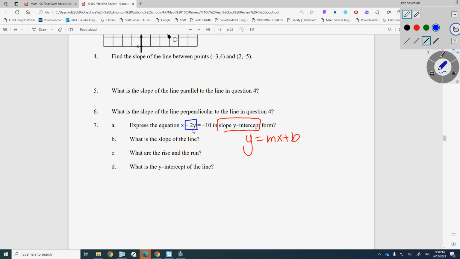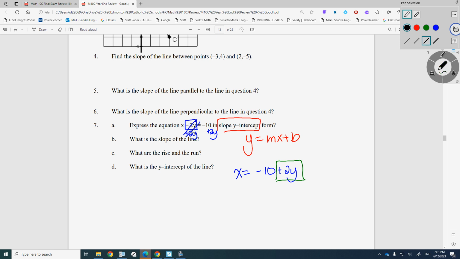Move it over to the right. So add 2y. And then what we would get is negative 10 plus 2y. Okay, so I'm going to now box in. Now it's positive at least. So let's bring that negative 10. Let's get rid of that.